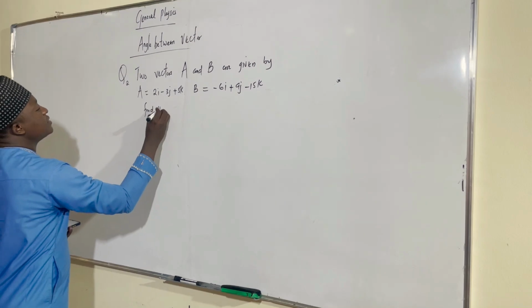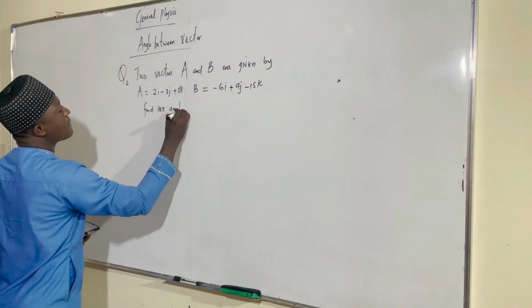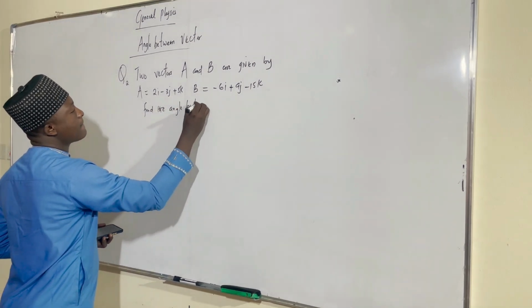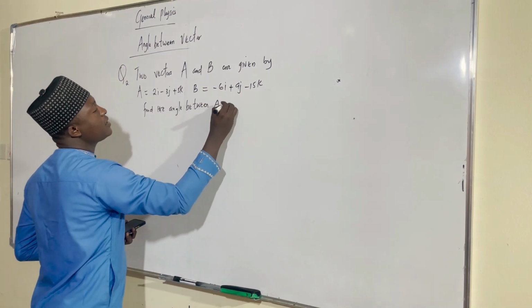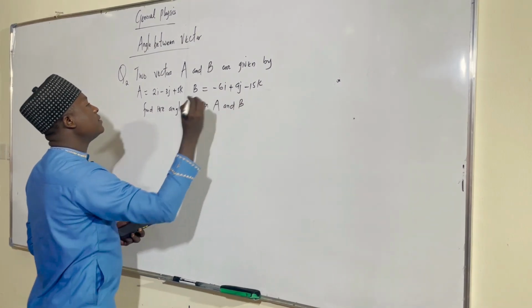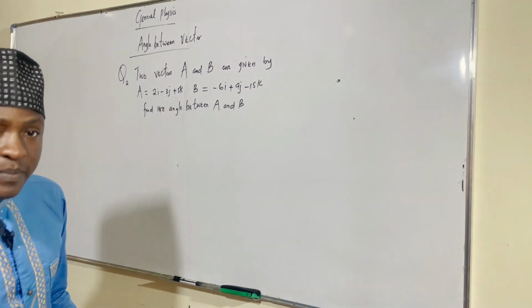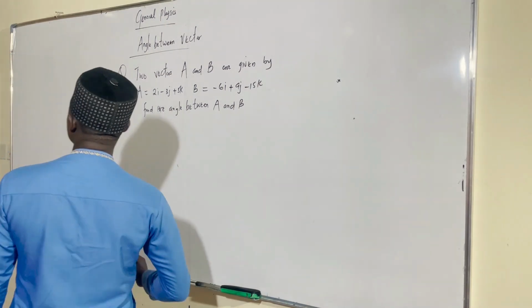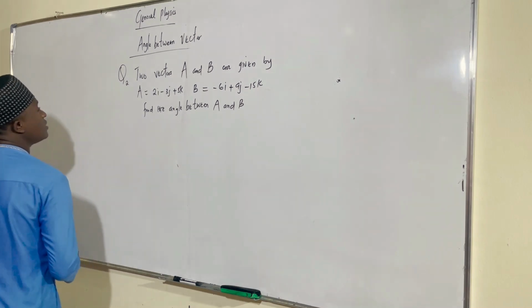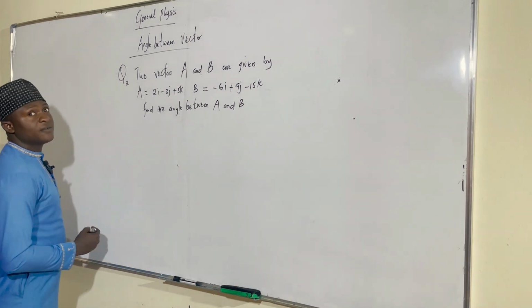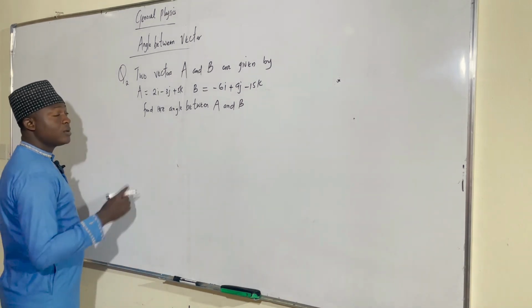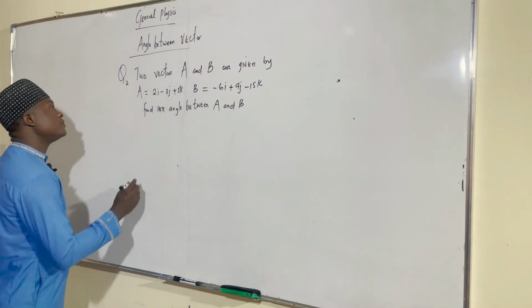Find the angle between A and B. So we are going to follow the same process and the same pattern of how we do that. So now, the first thing, let's find their A dot B first. You remember, A dot B means we have to find the dot product of the two.